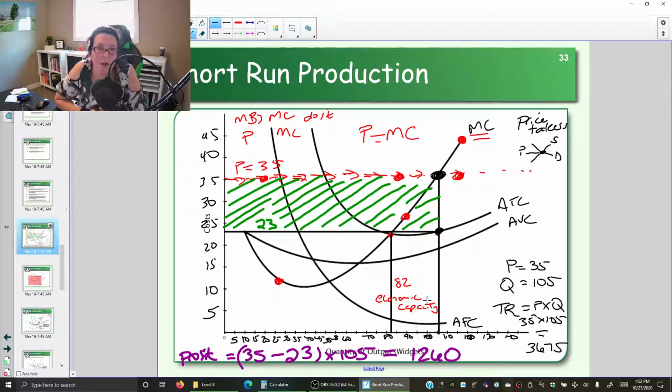But notice that when the price goes up, if we can charge more for our product, we're willing to make more, right? Businesses are happy if they can make a good profit on their product. So as the profit margin increases, if they can sell their product for a higher price, they're willing to make more. But we have to recognize that as you produce more, what happens to the extra cost to make more?